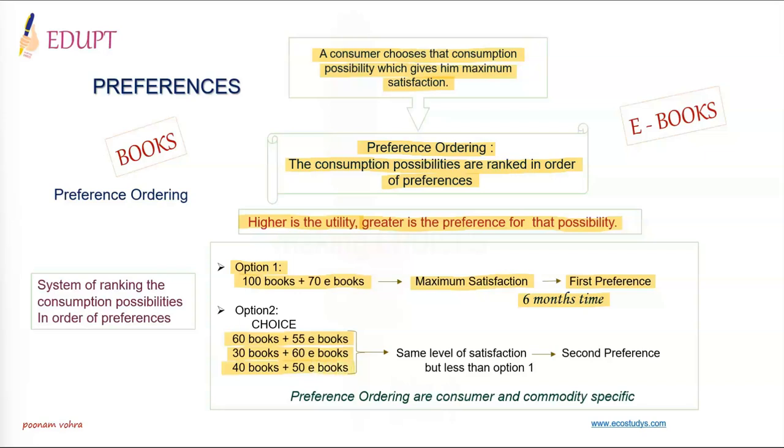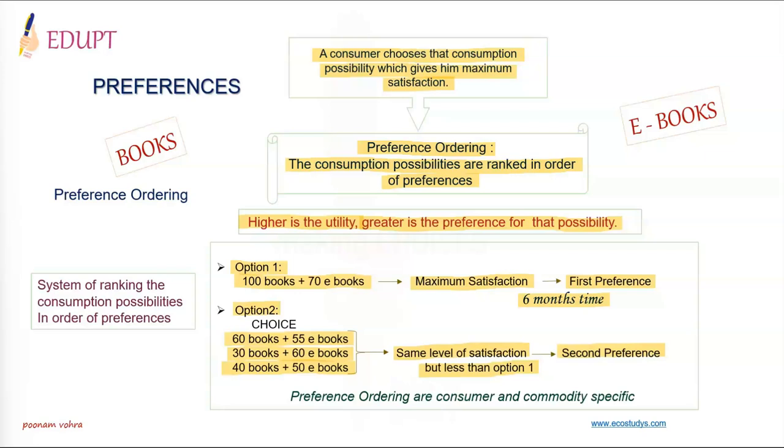By having either of these combinations, he gets the same level of satisfaction, to which he gives second preference, simply because the level of satisfaction that he derives by reading any of these combinations would be less than the satisfaction he derives by reading 100 books and 70 e-books. So this is option 2. So it is possible for Sumit to rank his preferences as per the utility he derives.